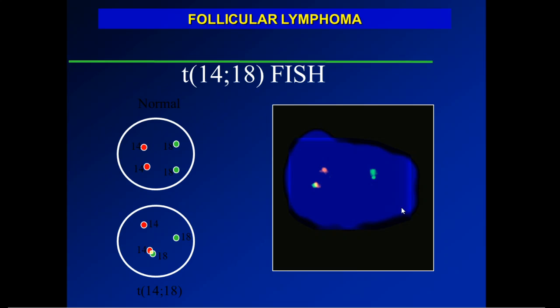Again, we have already told about it. So translocation from 14 and 18 chromosome. So this is a key feature for follicular lymphoma.